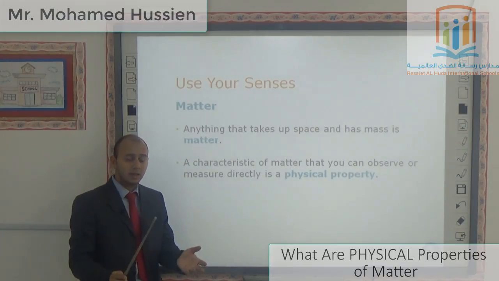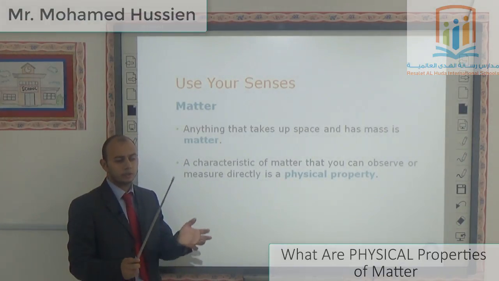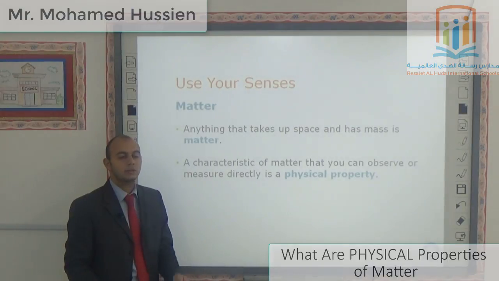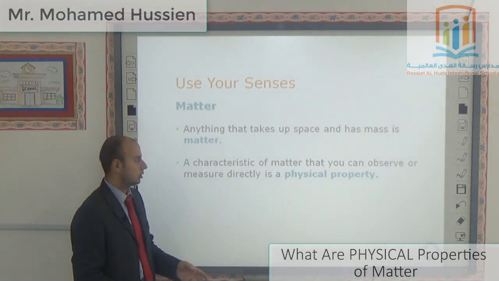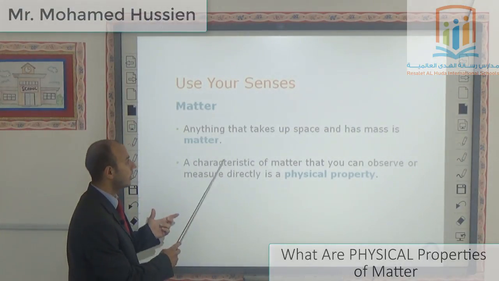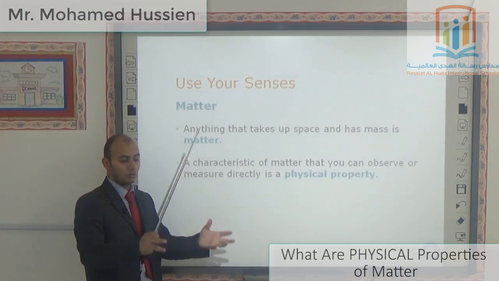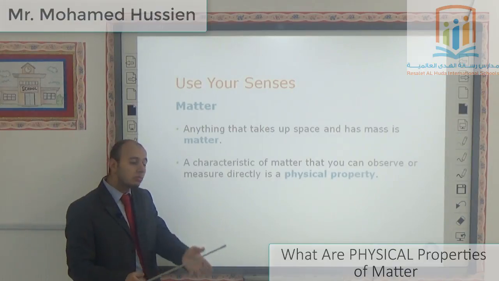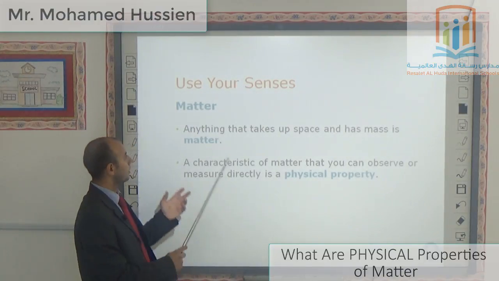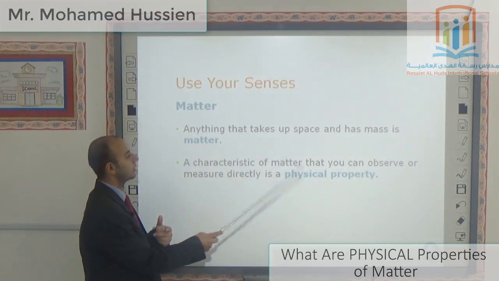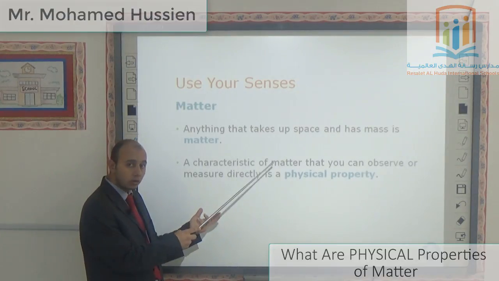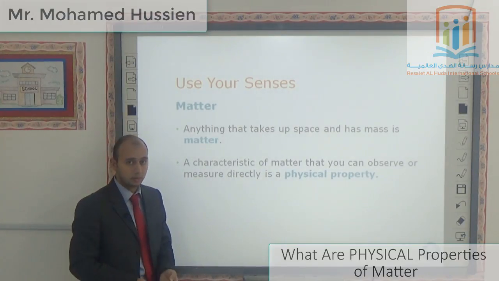You have a mass and you have a volume, for example, in the class, a chair that you sit on. Understand? So this is matter. Like you take space from the chair that you sit on, and your mass, of course. Anything that has mass and volume or occupies or takes space.